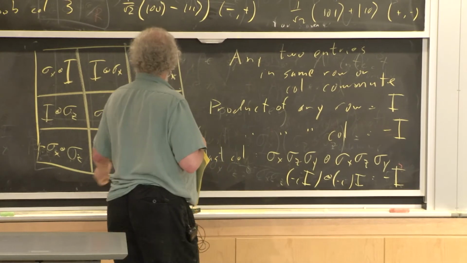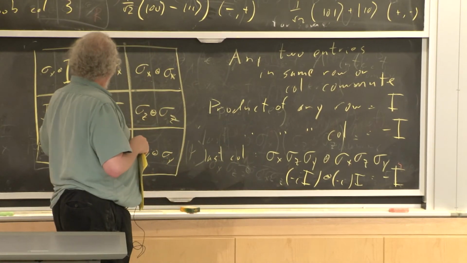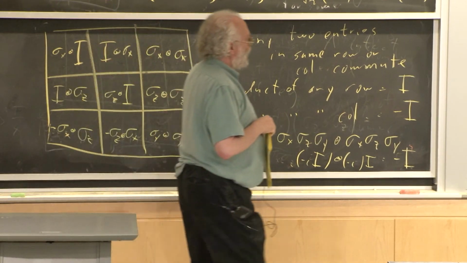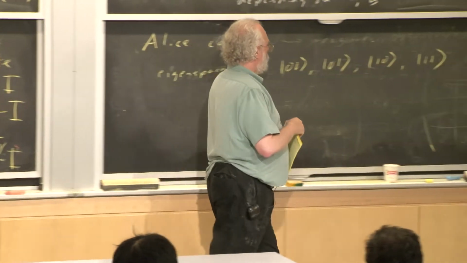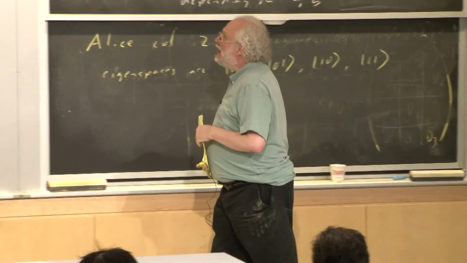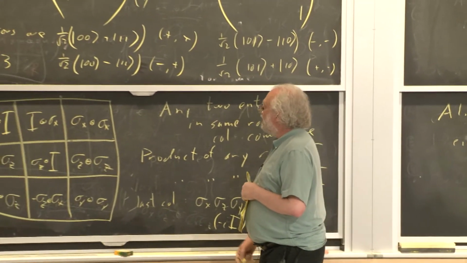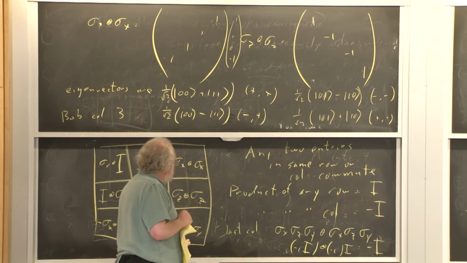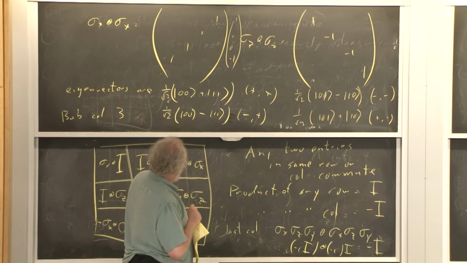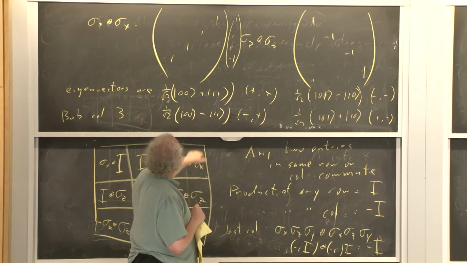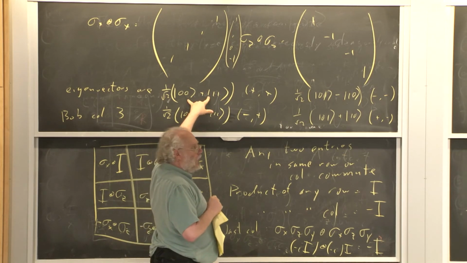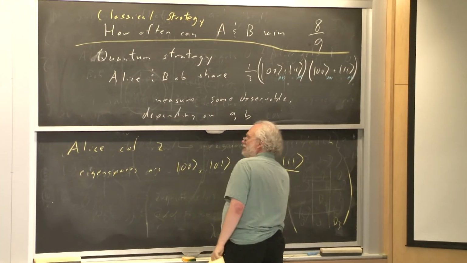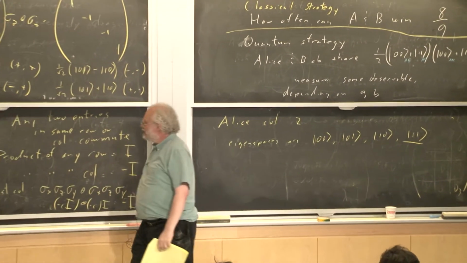So if Alice and Bob shared this thing, Alice is measuring this row and Bob is measuring this row. Bob might see 0, 0, plus 1, 1, and Alice might see 1, 1.